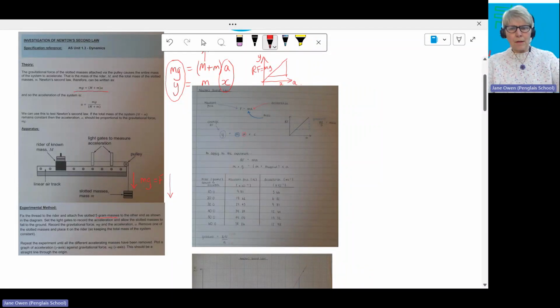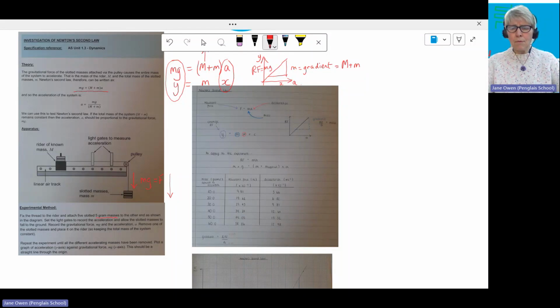And then the straight line going through the middle, the gradient. Now, this is a little bit confusing because the gradient m is going to be equal to the mass of the total system, big M plus little m. So it's unfortunate that the gradient symbol is also m.